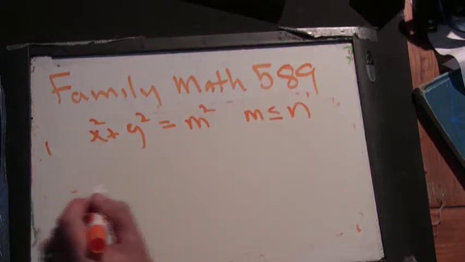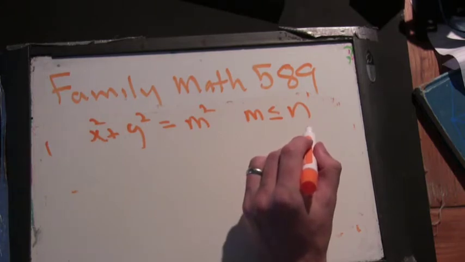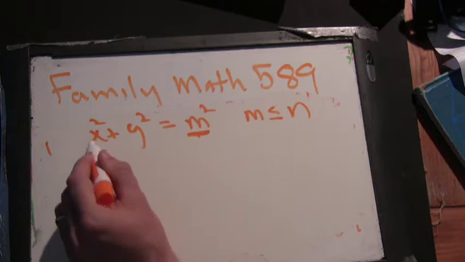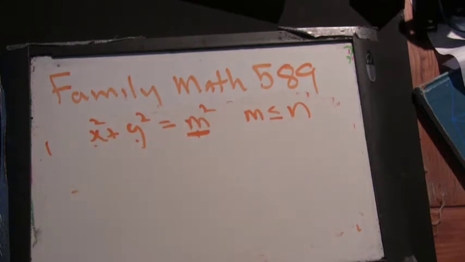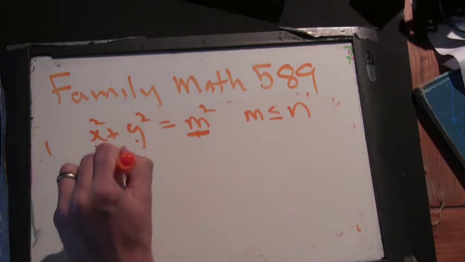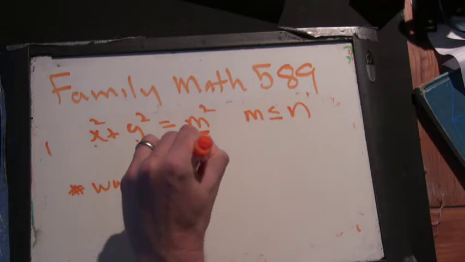So our circle has radius n, and each lattice point represents some integer so that we could sum the squares and get that square.